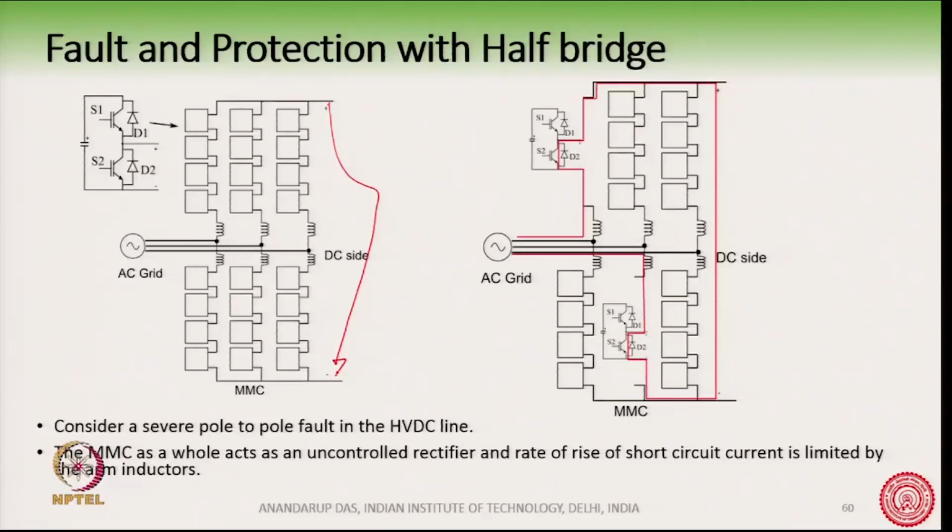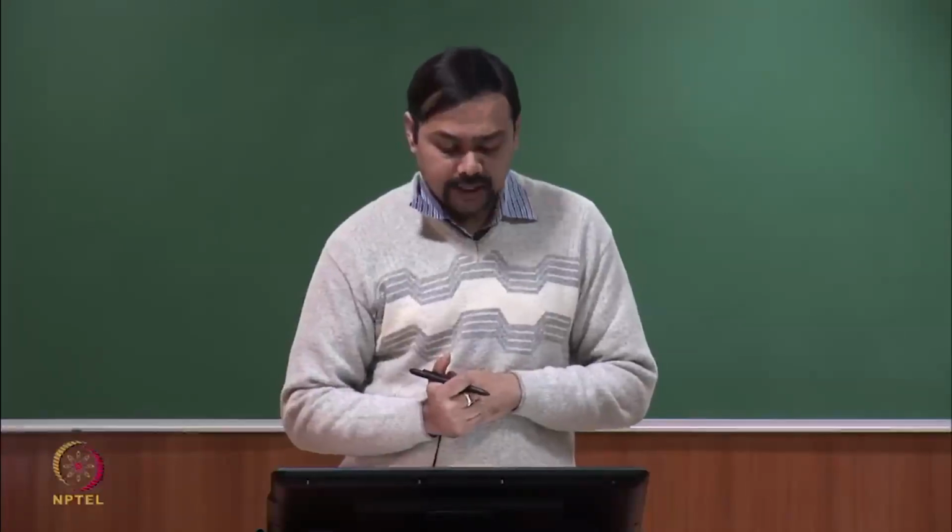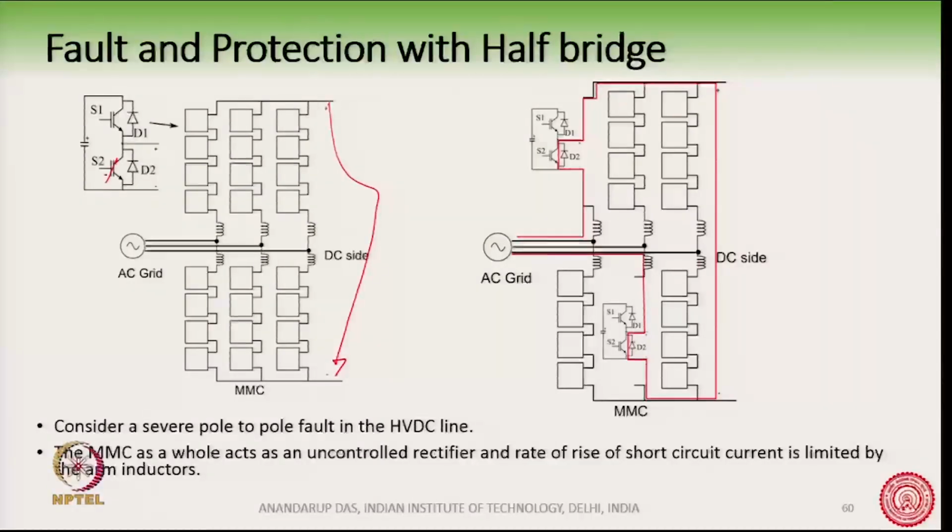Remember, as a design engineer you have to protect the MMC, you have to protect your converter. During this time the current is rising very fast because you have a pole to pole fault, and so you shut off the IGBTs, but unfortunately these diodes are conducting.